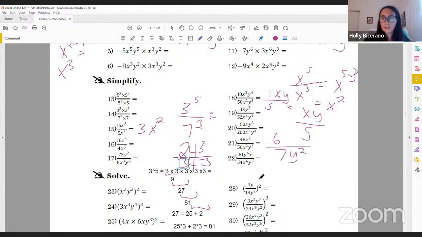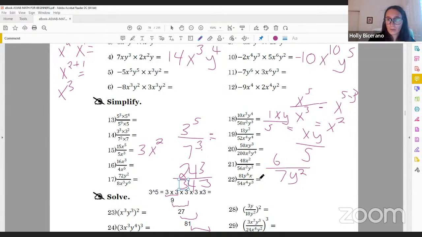It states that when you have a negative exponent, you move it to the other side of the fraction and make the exponent positive. As an example, let's say you had 1 over x to the power of negative 5.